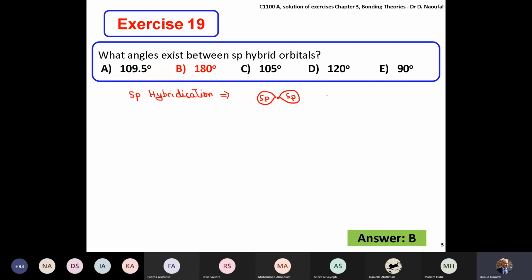So the figure of repulsion is linear and the angle is 180 degrees. So the correct answer is B.